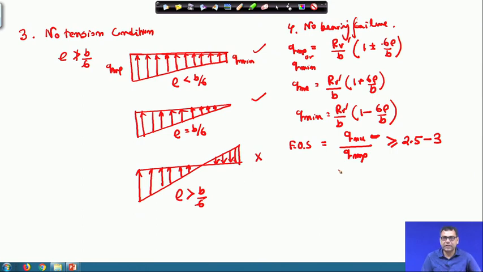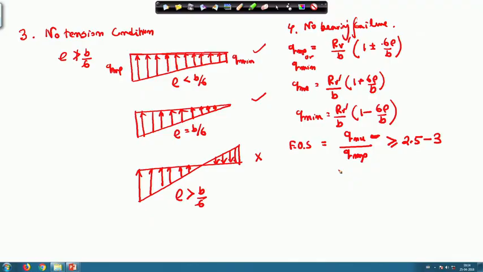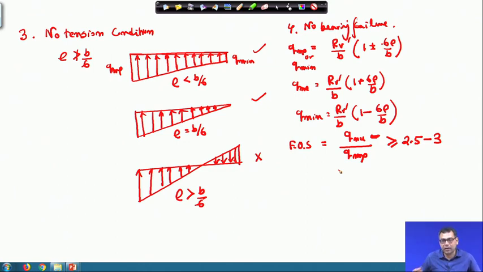So, these are the 4 checks that you have to do during the design of a retaining wall. We will solve 2 problems regarding this design of retaining wall. One is for the cantilever retaining wall, another is for the gravity retaining wall, and there we will use these theories and check these 4 conditions, and try to satisfy those 4 conditions during our design.